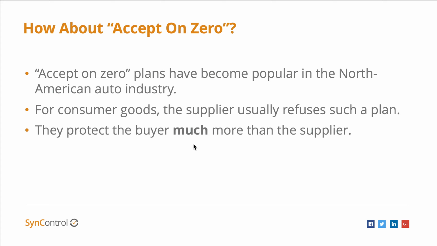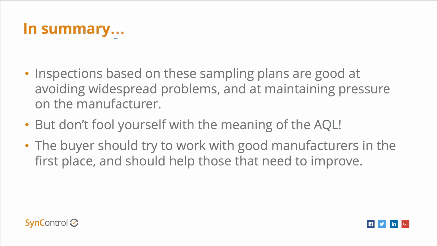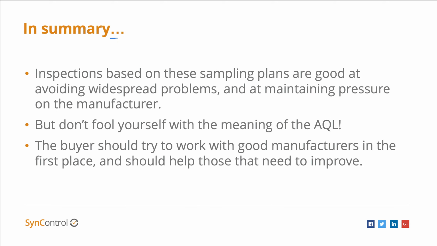And they protect the buyer much more. Now, typically it looks like this. So the alpha risk is huge and the beta risk is much smaller. So it's really the opposite. The problem with this is that very few suppliers in China, if you buy, let's say, general consumer goods, or even a lot of mechanical or industrial products, would accept that. To be negotiated, let's say. It's a tough sell.